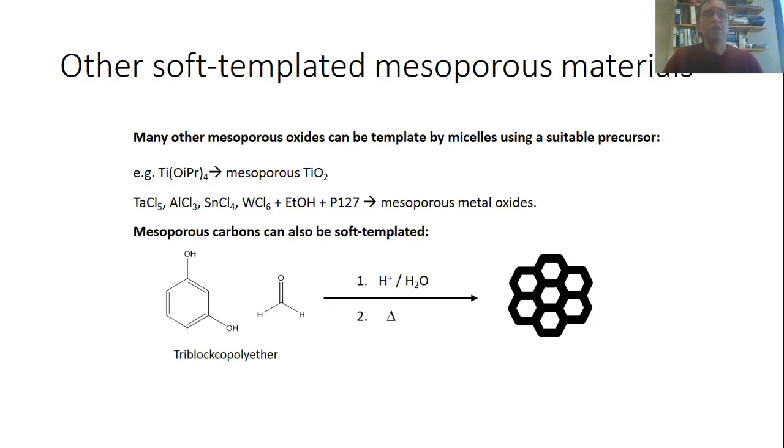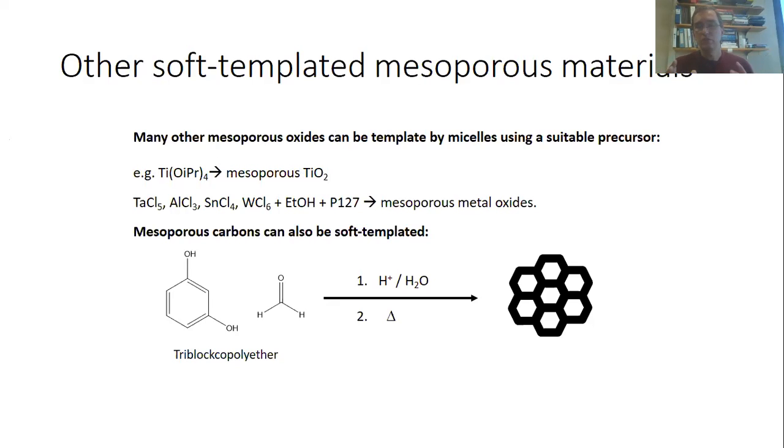So we actually can avoid this by placing bulkier isopropoxy groups around this titanium. Then the hydrolysis process is slowed down for kinetic reasons and occurs at a rate that allows for a successful self-assembly process into mesostructured titanium dioxide. So the same goes also for other metals.